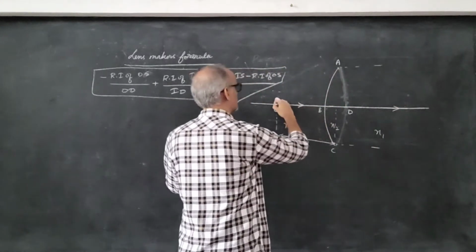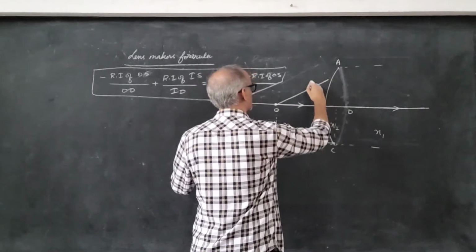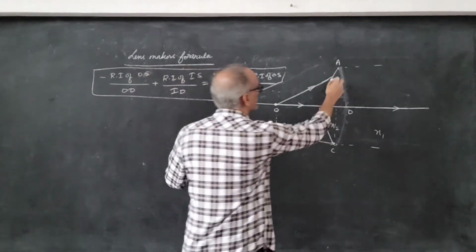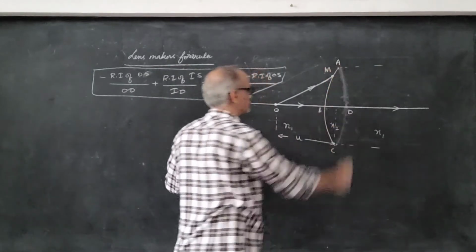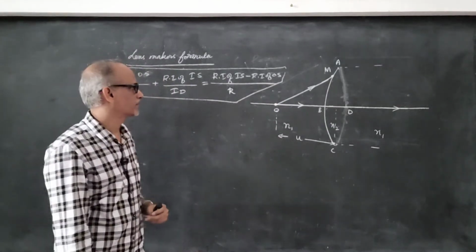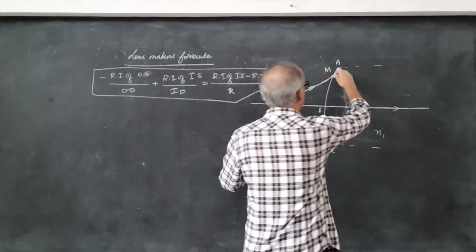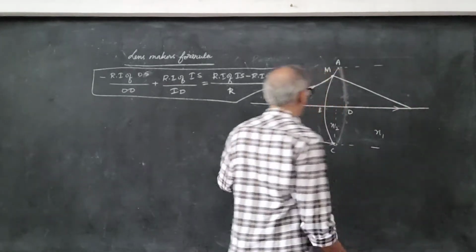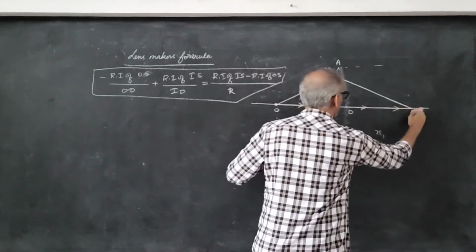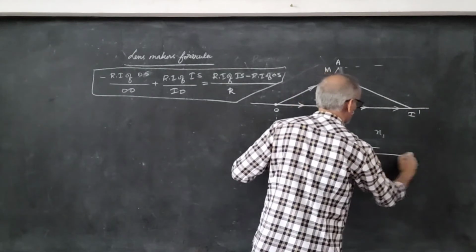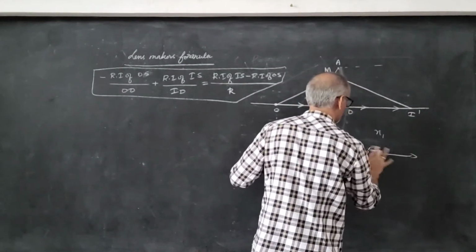You take another ray very close to it, at a point, let's consider M, and the refraction takes place at that particular point. The ray undergoes refraction, and then these two rays meet at a particular point called I dash, which is at a distance v dash.